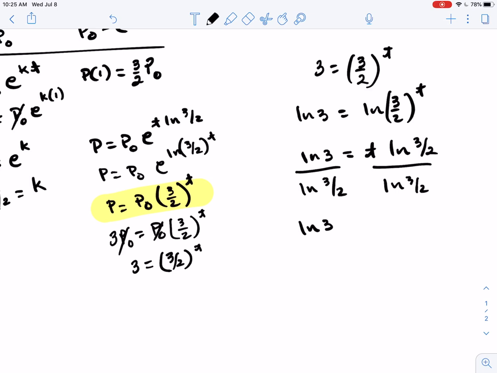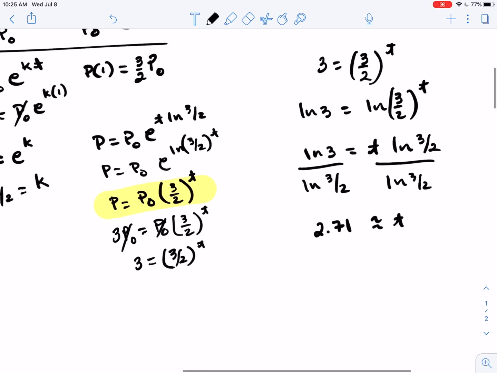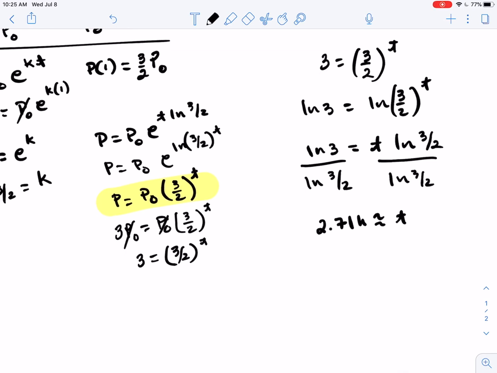Oh, so if I did that in the calculator, sorry, I got 2.71 approximately is equal to t. All right, and this would be in hours. So you could see that that's the amount of time it will take for the bacteria to triple. Right, and that will be your first example for 3.1.